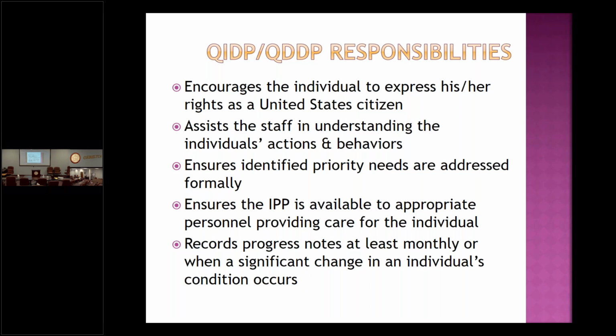We do have a lot of people that are higher functioning and able to access the community, live freely in the community with minimal support. So again, we want to equip them with everything that they need.